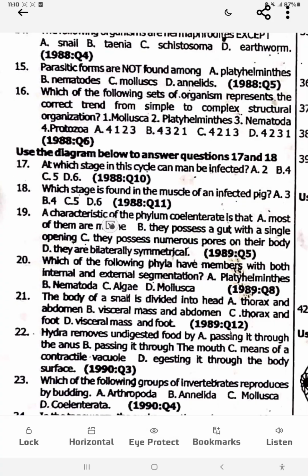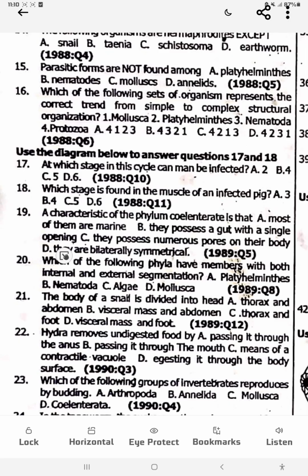Number 19. A characteristic of the phylum Coelenterata. Remember, hydra are radially symmetrical, not bilaterally symmetrical. Hydras possess a gut with a single opening.